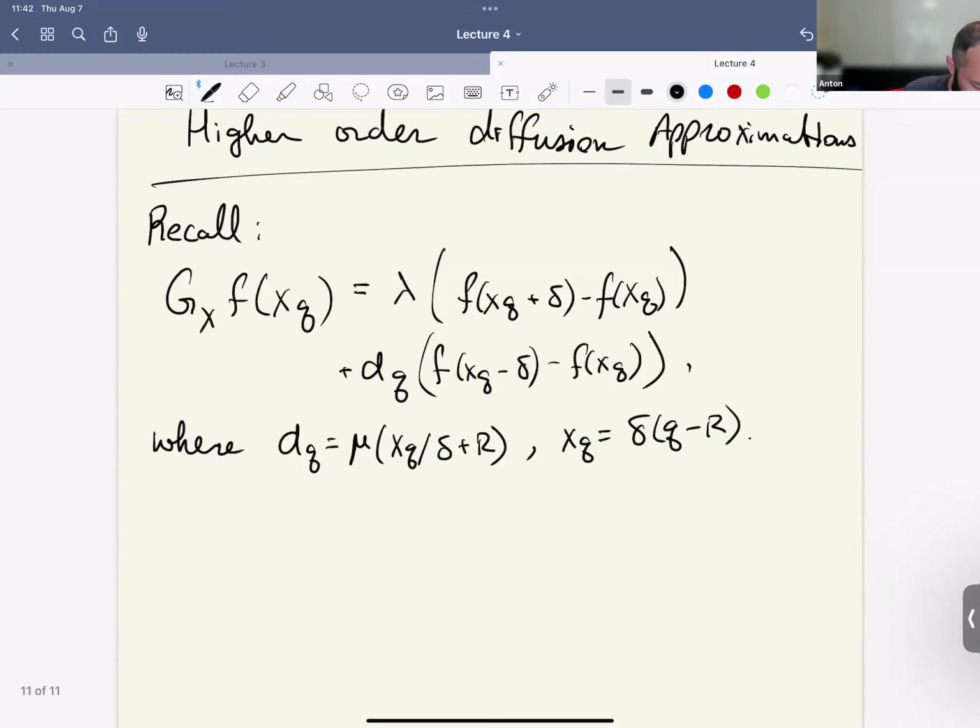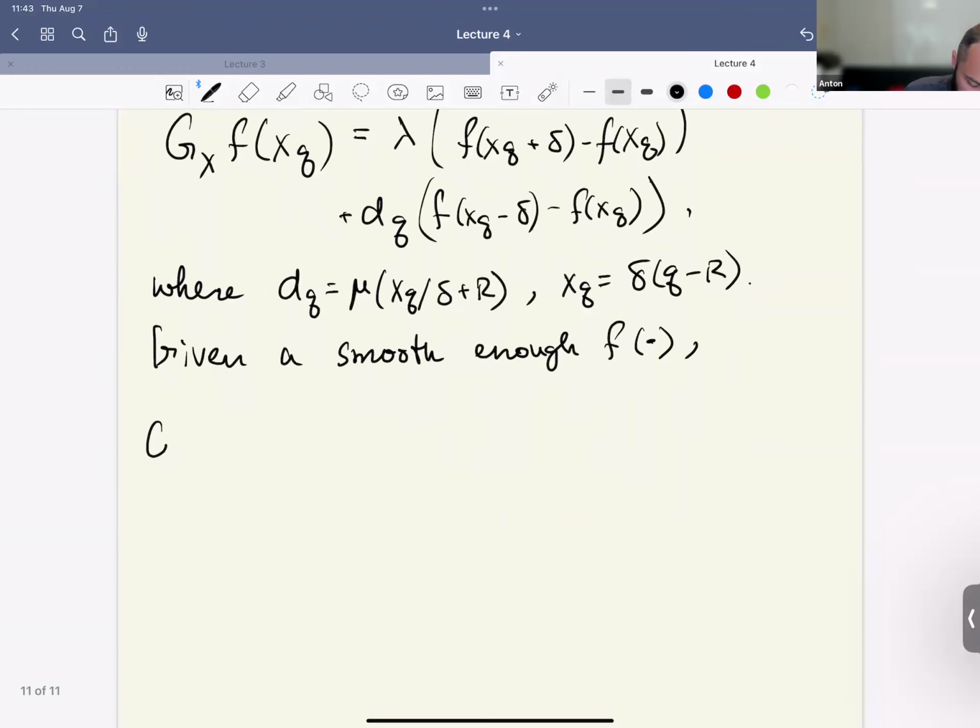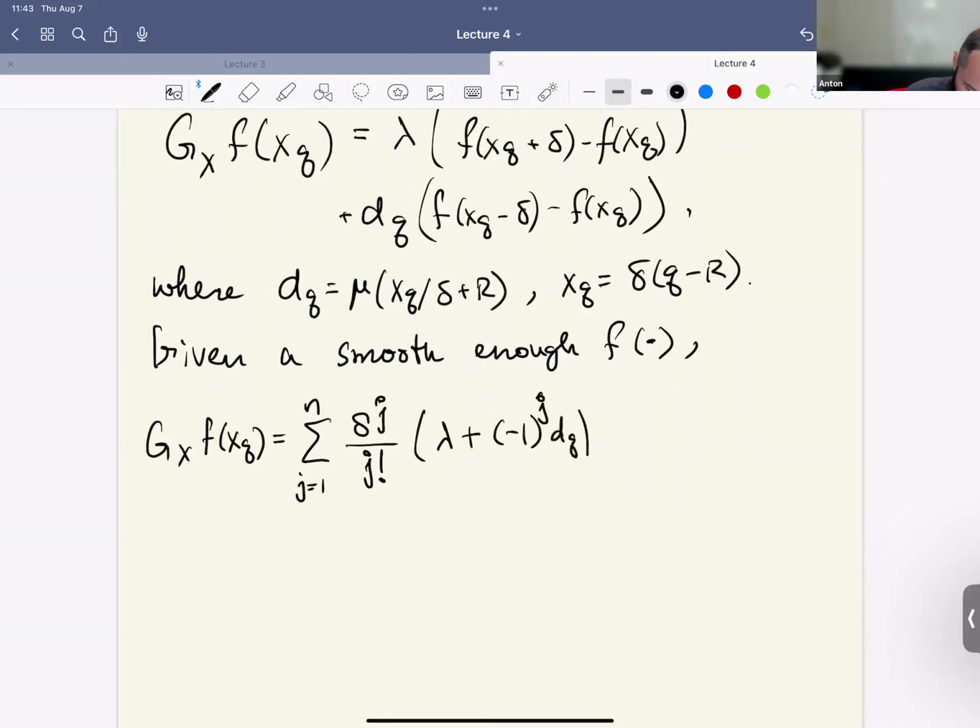Now, given a smooth enough function, we can do the following Taylor expansion: sum j goes from 1 to n, basically an nth order Taylor expansion, and the error term.